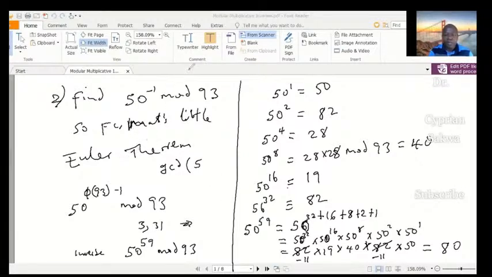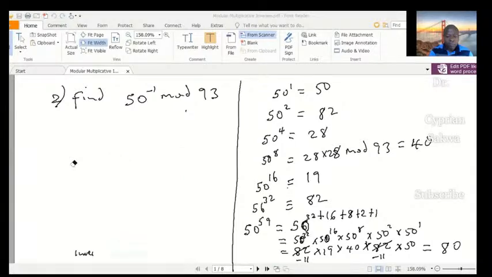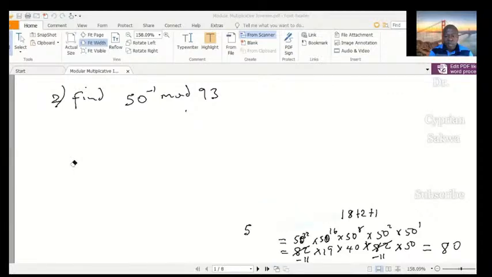Now very fast, let's use Euclid's algorithm. Already we said that Fermat's theorem cannot be used because 93 is not prime.